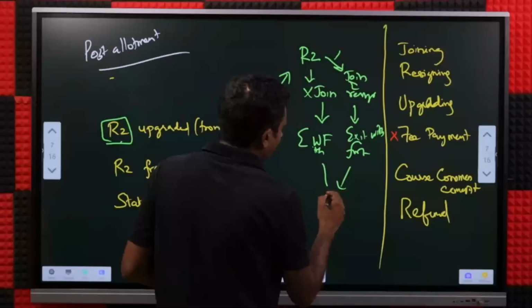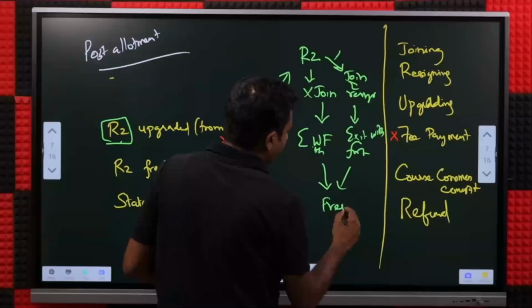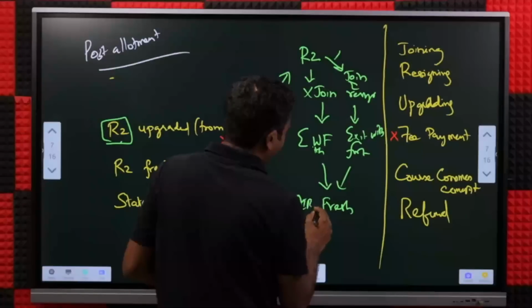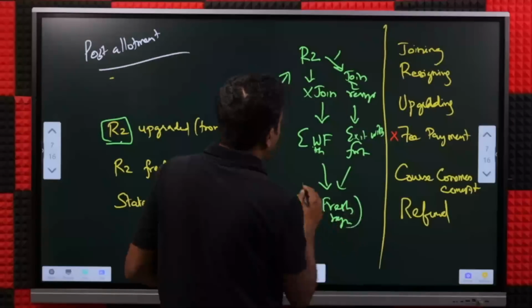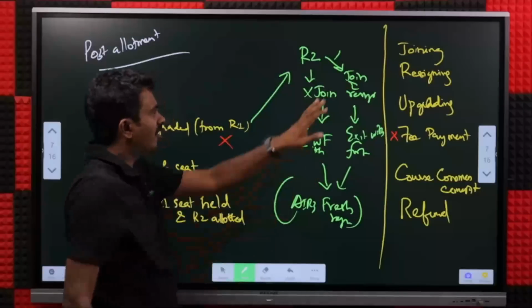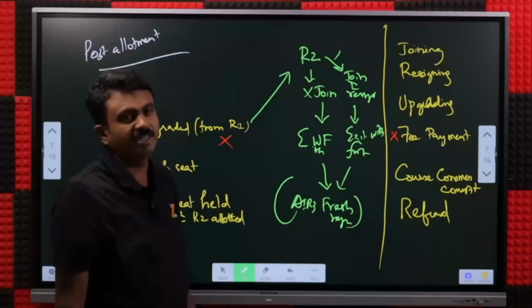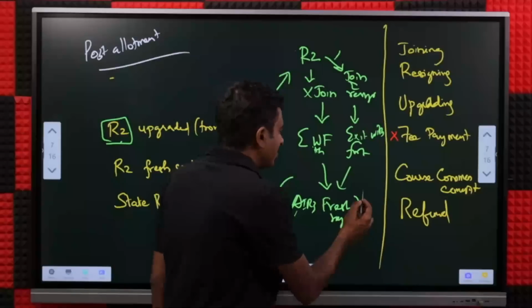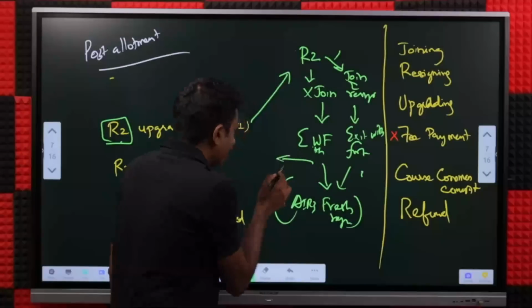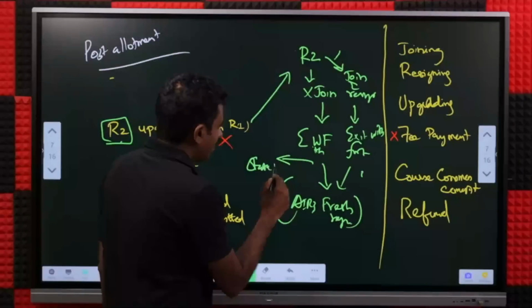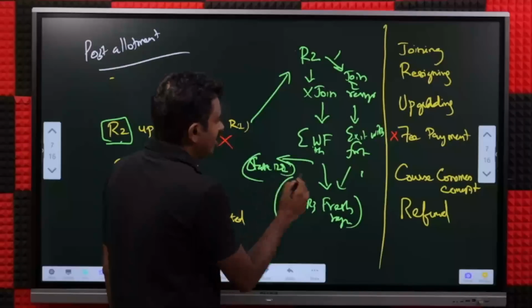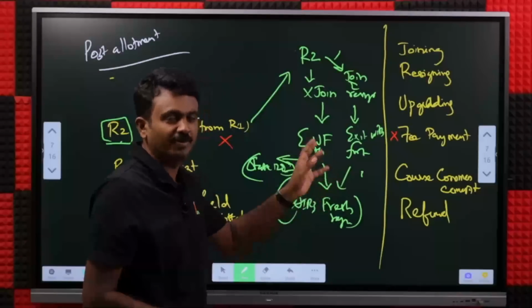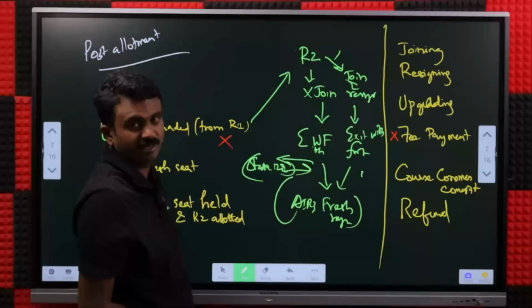You go into All India round 3 with fresh registration. So in both these scenarios, if you are not joining your All India round 2 seat, you go into All India round 3 with fresh registration. In between this timeline, there might be a state R2 process somewhere. Those timelines will define whether you will be able to move, etc., if you have joined the All India round 2 seat.